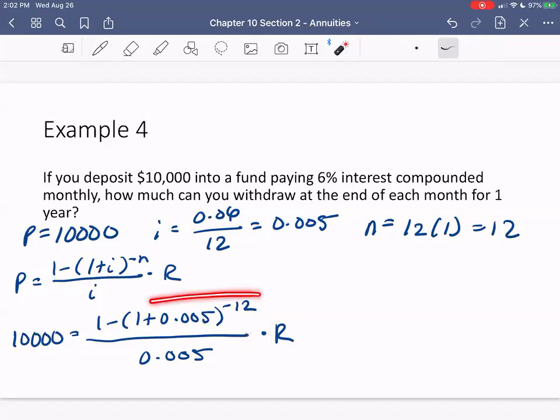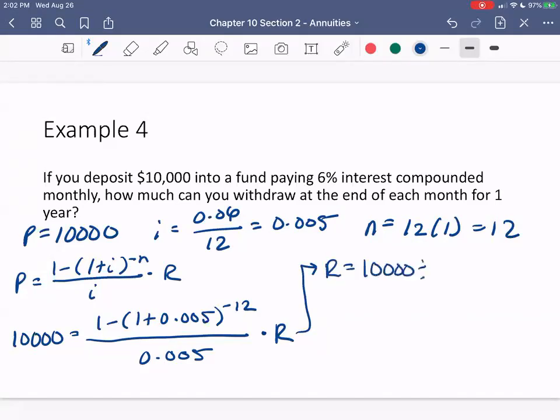So we're going to divide all of this by both sides. And it's going to eliminate this one, but then we're going to basically move this underneath here. But instead of writing a fraction divided by another large fraction, we write this. R equals 10,000 divided by 1 minus 1 plus 0.005 raised to the negative 12th power all over 0.005.